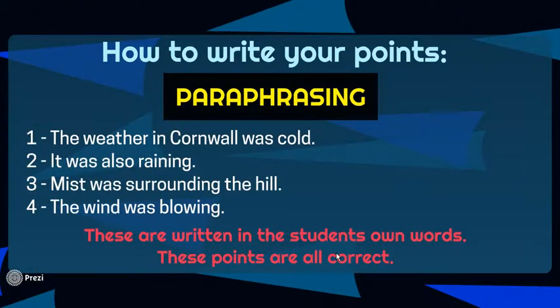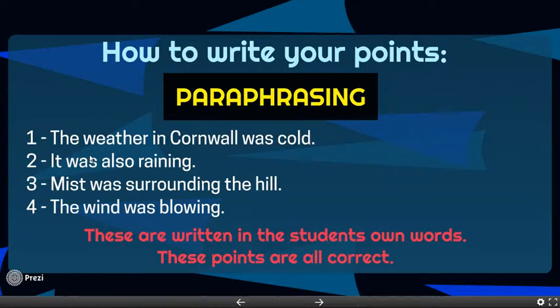Now, in terms of you writing down your points once you have decided what 4 of them could be, there are 2 different ways that you can go about it. You can either paraphrase, which basically means to write it in your own words. So, for instance, we could have examples such as are written here. The weather in Cornwall was cold, it was also raining, mist was surrounding the hill, and the wind was blowing.